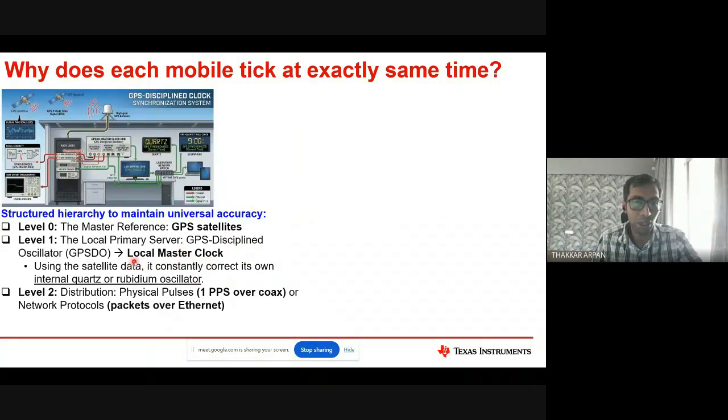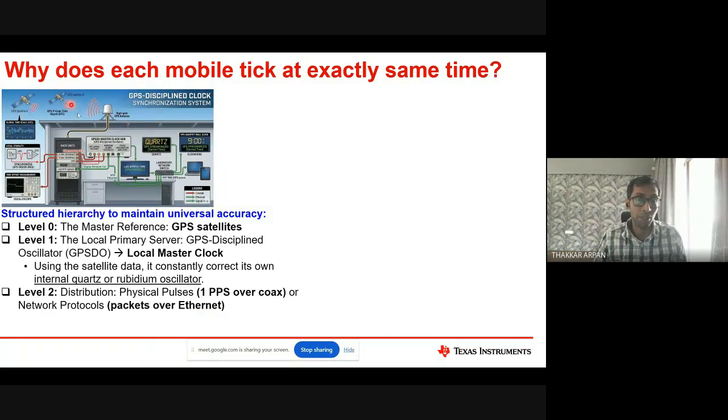After the local master clock, it reaches your devices, all your lab PCs, or mobiles, or any other timing device. It is transmitted either through Ethernet or coaxial cable or wireless data. That's how the distribution happens. And we note here that the clock is not just one source that is in GPS.